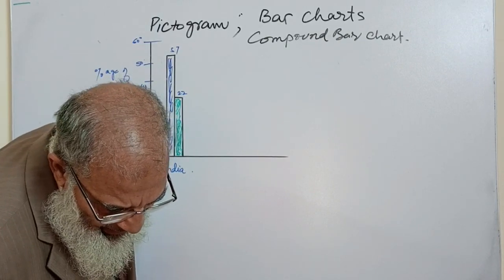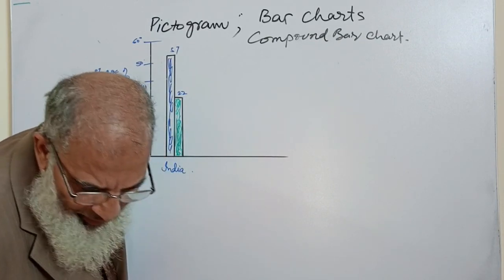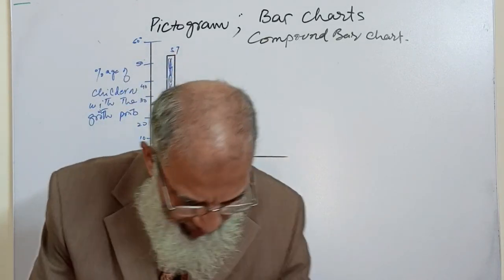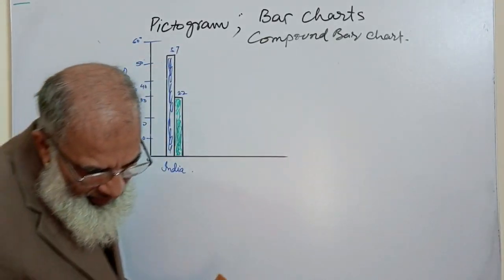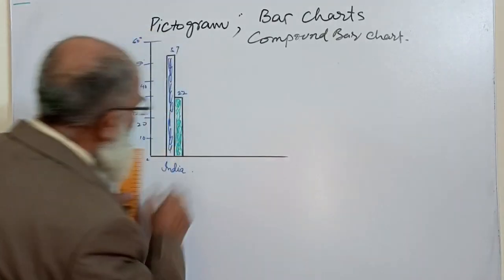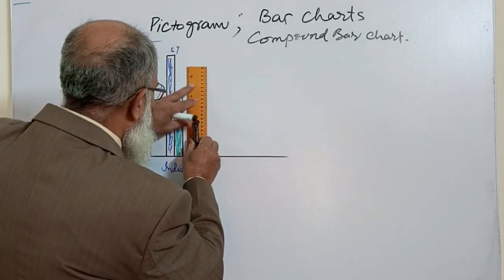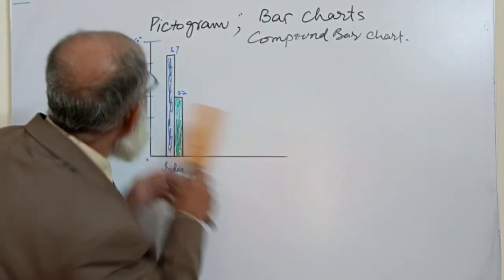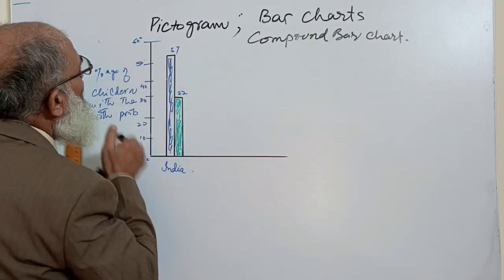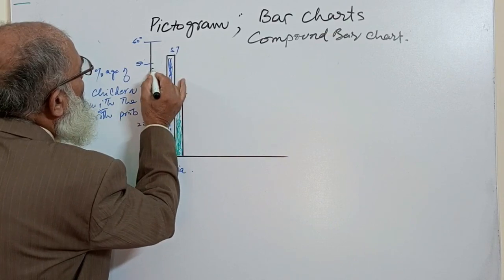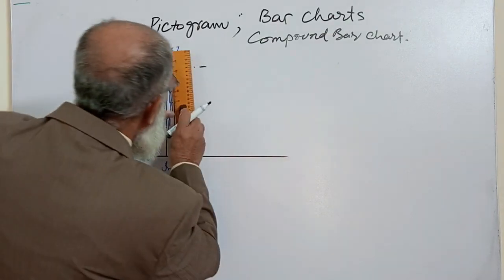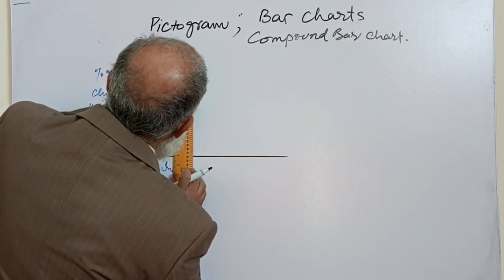Similarly, in Madagascar, the result is something like this, which I am going to draw. We'll leave some space over here, and then we'll draw. It is up to 47, and 47 will come somewhere here. Okay, I'll draw the bar over here.